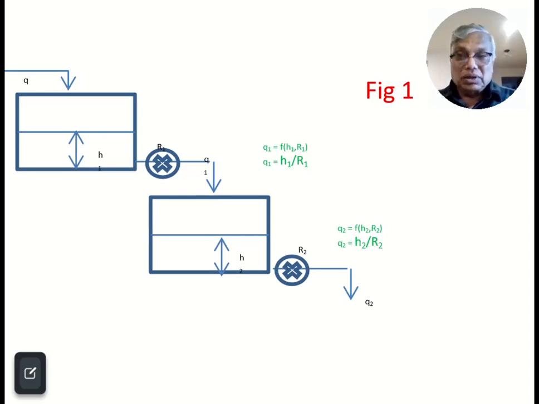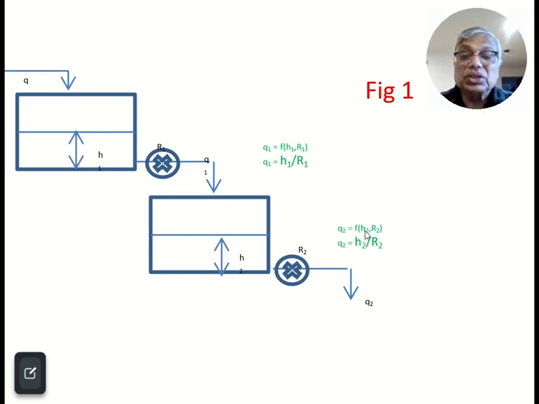Now, what will be the characteristics of each tank as far as the flow-head relationship is concerned? For the second tank, the outlet flow Q2 will be a function of H2, the height in the second tank, and R2.